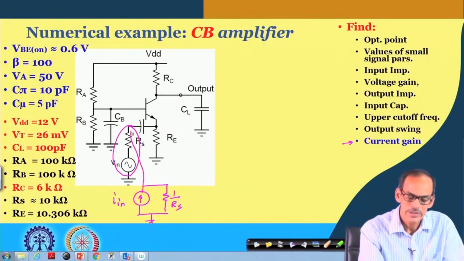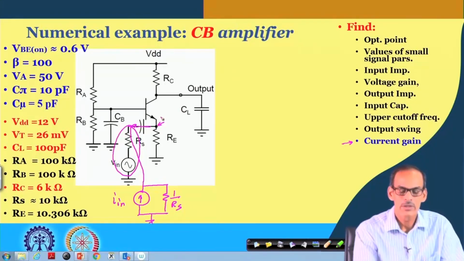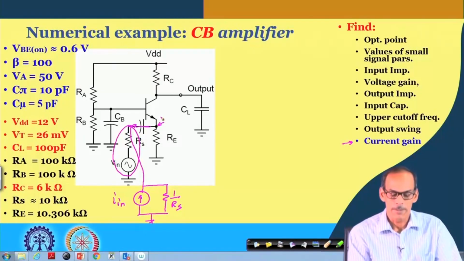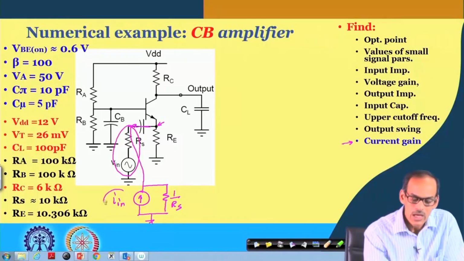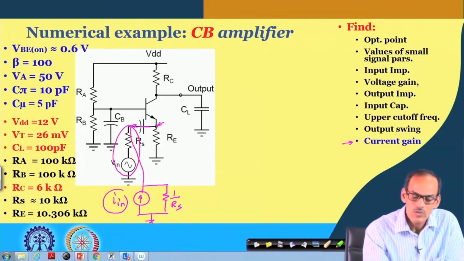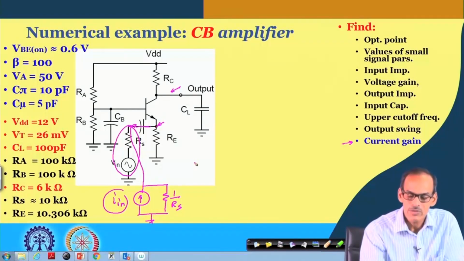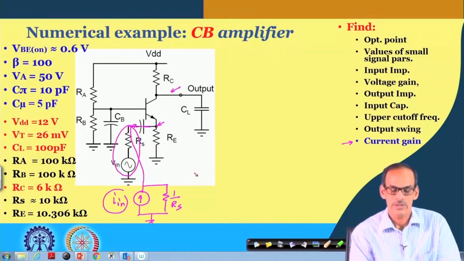Now this signal goes here, and again through this capacitor the signal arrives at the emitter node. Once we have this I in, we are feeding at the emitter node, and then we would like to see how much current we will be getting here, particularly in unloaded condition.